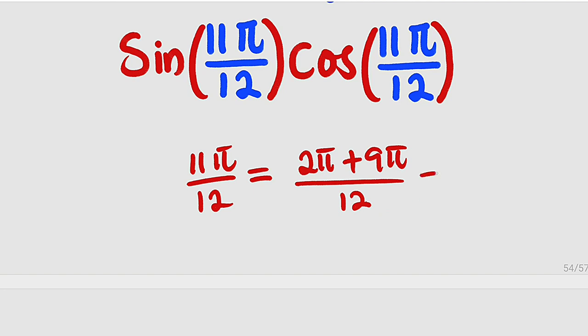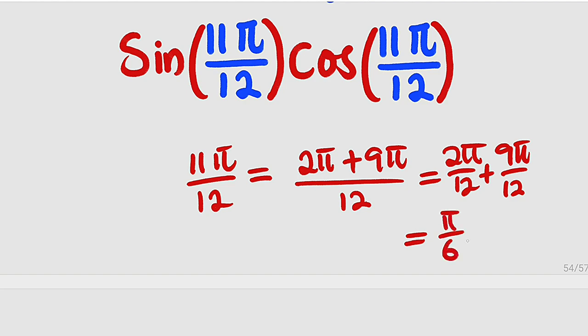You can split the fractions into 2 pi divided by 12 plus 9 pi divided by 12. To the lowest term, this is pi divided by 6 plus 3 pi divided by 4, since 3 into 9 is 3 pi and 3 into 12 is 4. So instead of 11 pi divided by 12, we can now substitute pi over 6 plus 3 pi over 4.